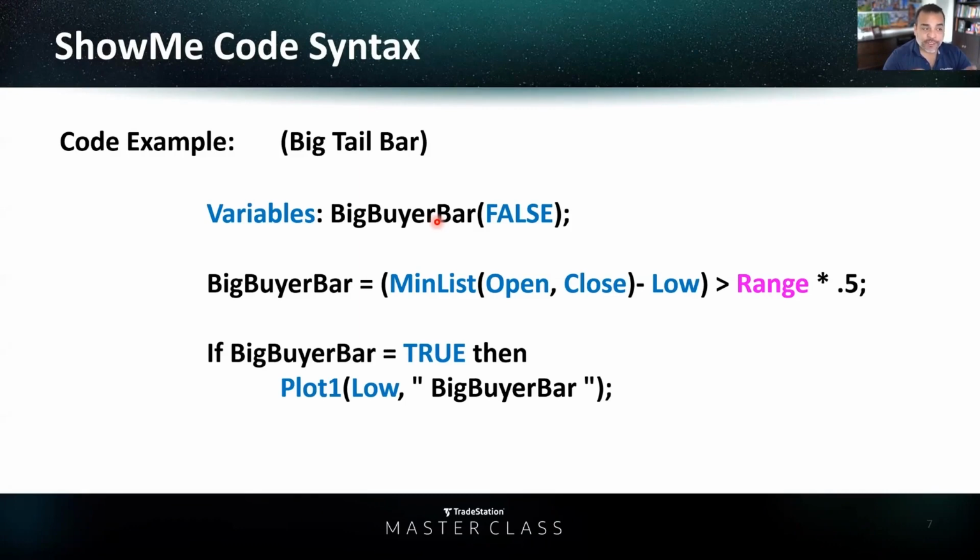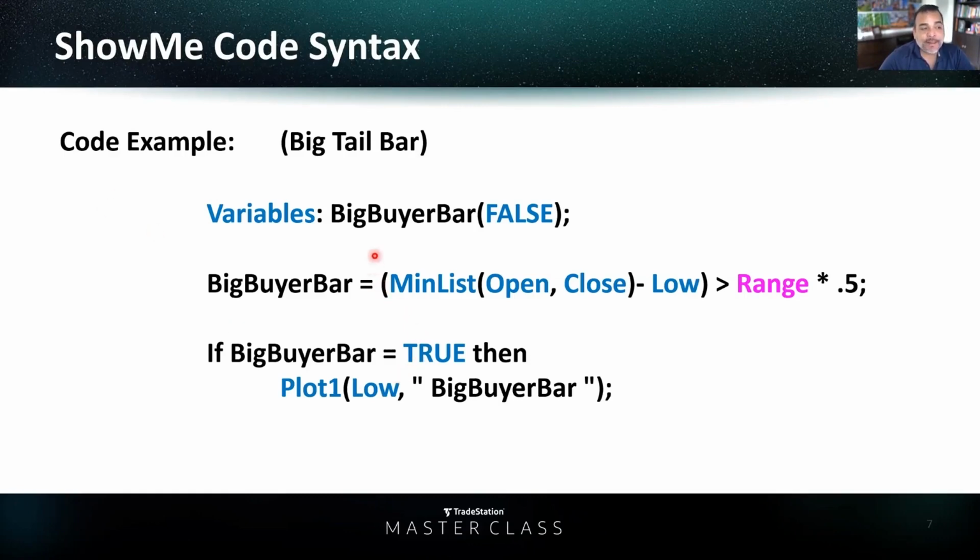This variable was made up by whoever created this Showme, and it's called big buyer bars. The name of the variable pretty much tells you what it is trying to find. It is going to try to find those bars where the buyers have a stronger pressure or bias. Okay, so big buyer bars.